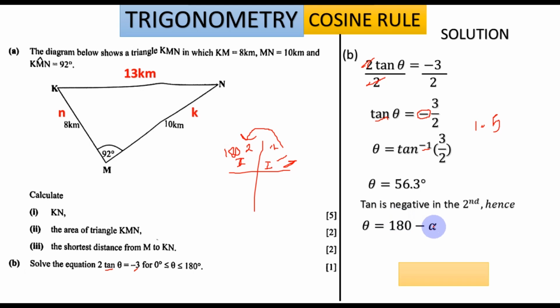This alpha here is representing our reference angle. So say 180 minus 56.3. Okay, when we subtract here, what do we get? Good, we have 123.7 degrees. That is now the answer for this equation that we were solving.